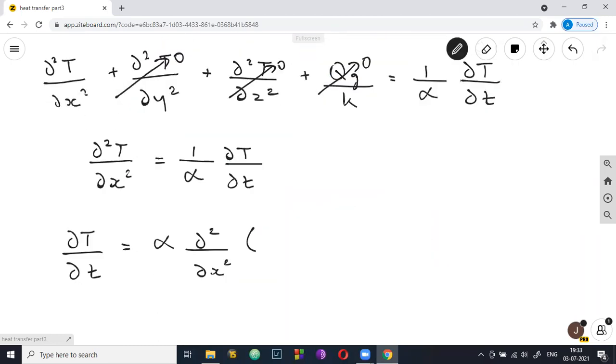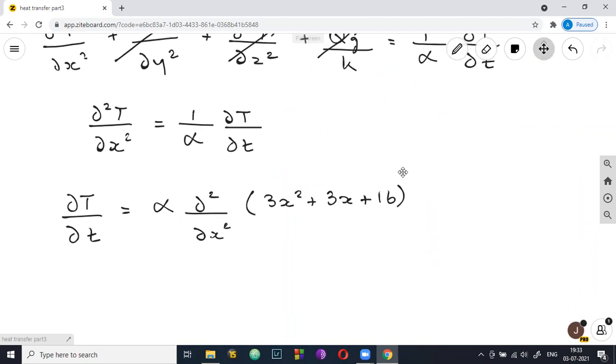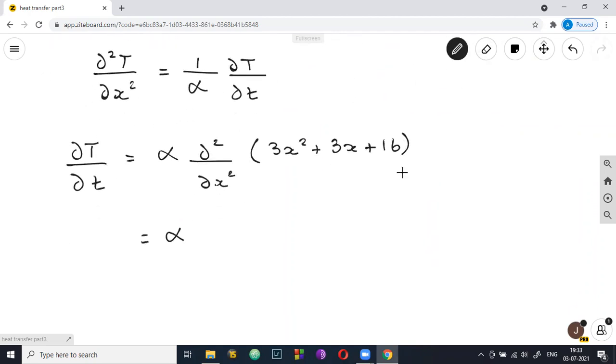So substitute that. Now try to work it out. So alpha into what is the first derivative of 3x square plus 3x plus 16? When you take the first derivative, the answer will be 6x plus 3.